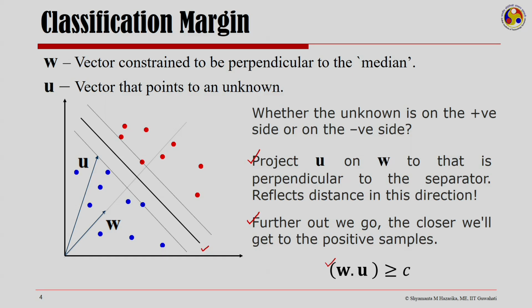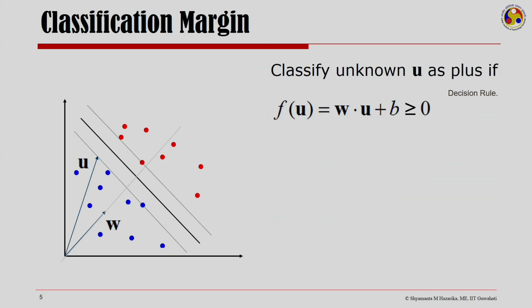So, without loss of generality, instead of C we replace it with b, and we say if W dot u plus b is greater than or equal to 0, then I am going to classify the unknown u as plus, and this could be our decision rule.